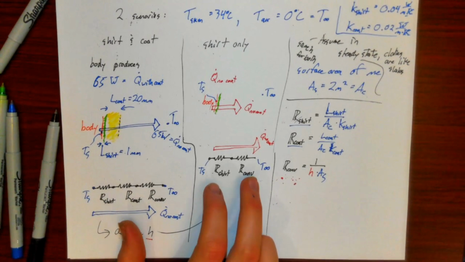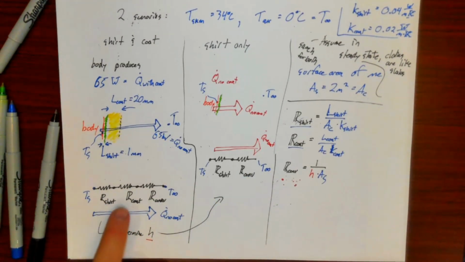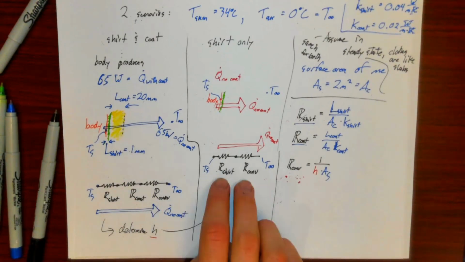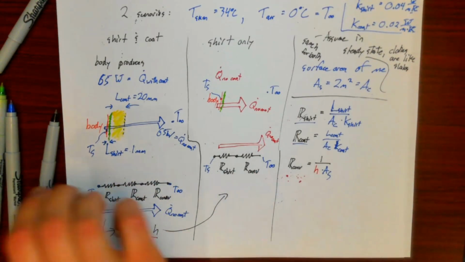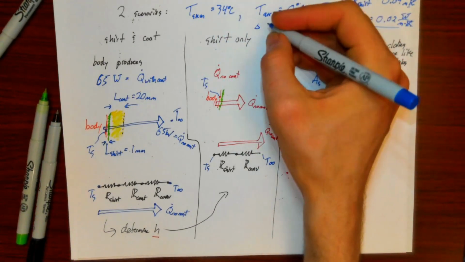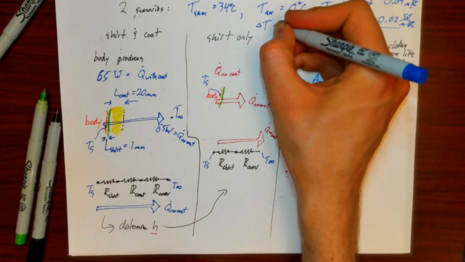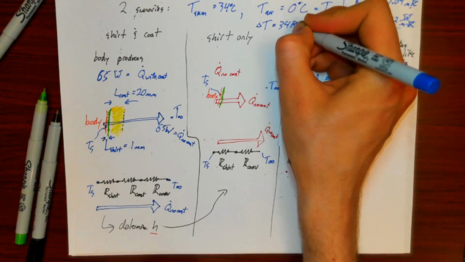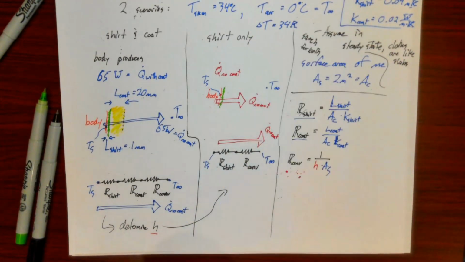If I'm thinking about equivalent resistances, the equivalent resistance for this circuit is the sum of these three resistors, and for this one it's just the sum of these two. My delta T for both of these would basically be 34 minus 0 degrees C, so my delta T is going to be 34 Kelvin.